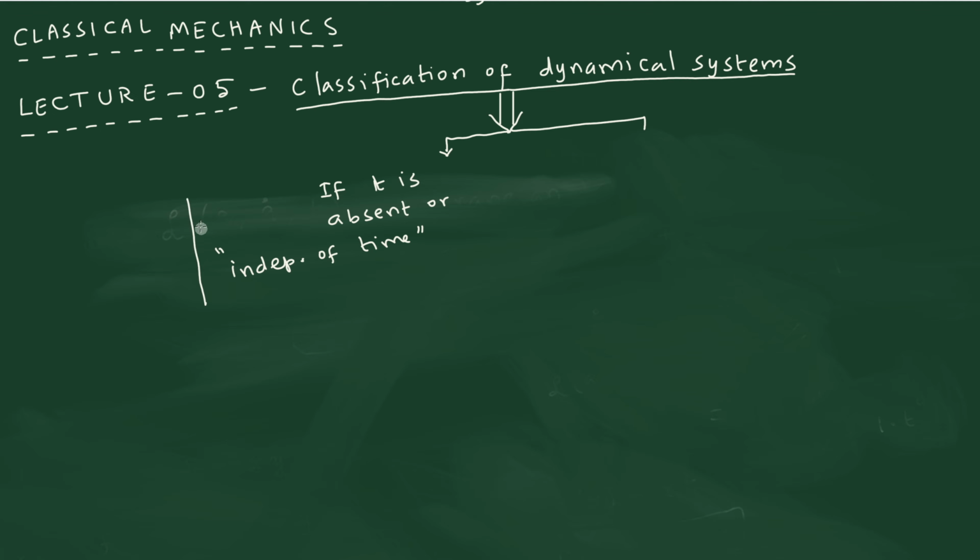If this particular expression is independent of time, then this is the condition. If you want some kind of flowchart-like appearance, you can put a box, but that's not necessary. So we are simply saying that in the first classification the time is absent in the expression, in other words, the expressions of a dynamical system are independent of time, and these are known as autonomous dynamical systems.